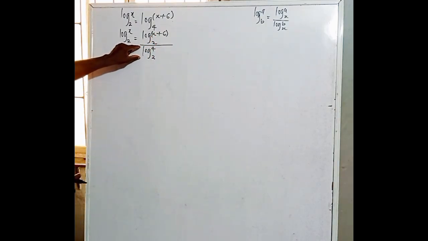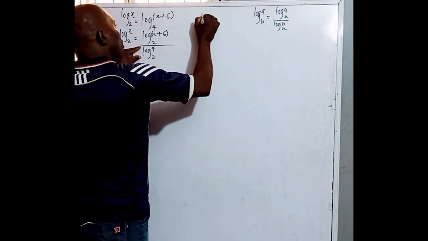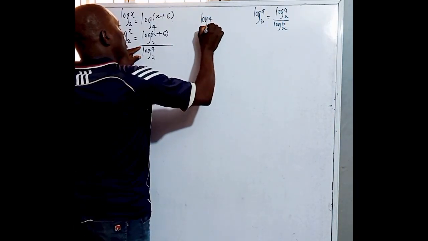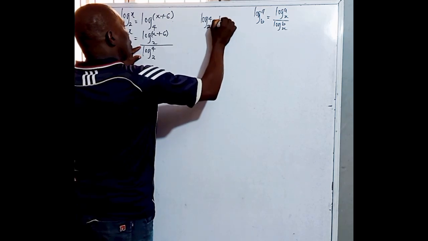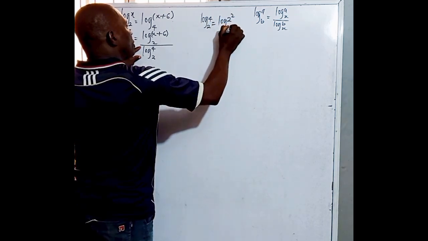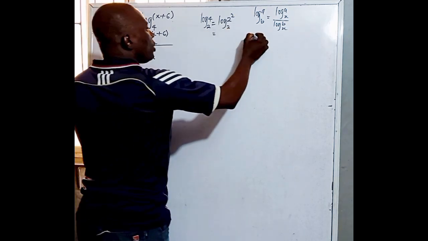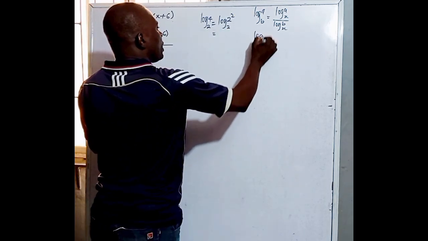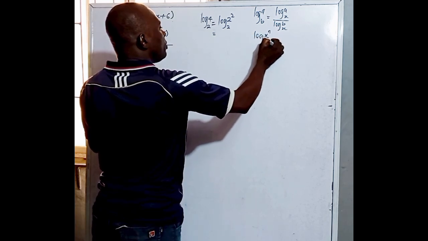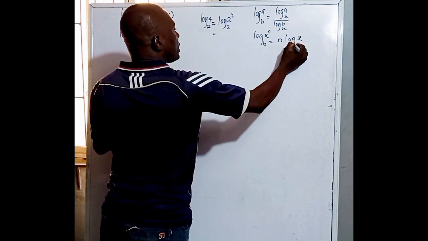Then we look at the denominator carefully, which is log 4. Log 4 can also be expressed as log 2 squared to base 2, which can also be expressed using one of the laws of logarithm, which specifies that log x raised to n, base b, is the same thing as n multiplying log x to base b.